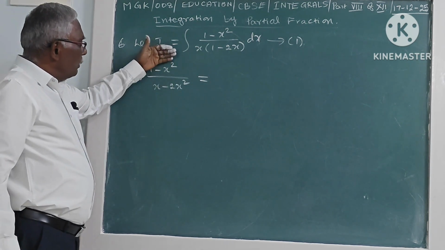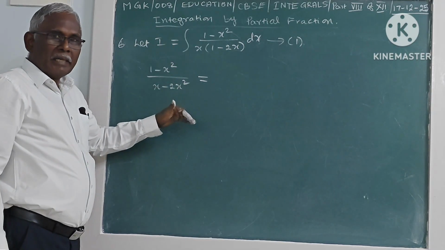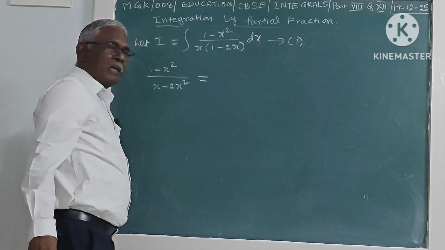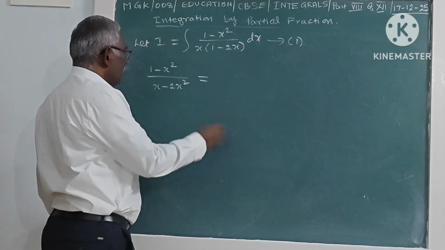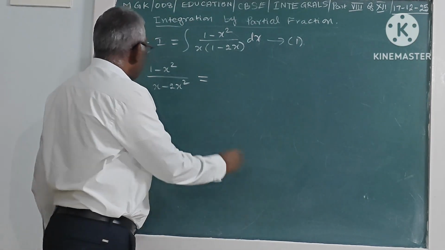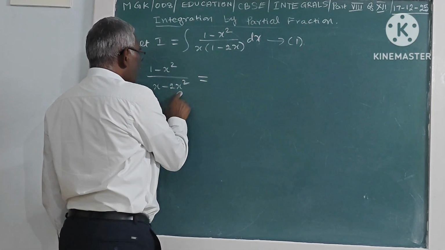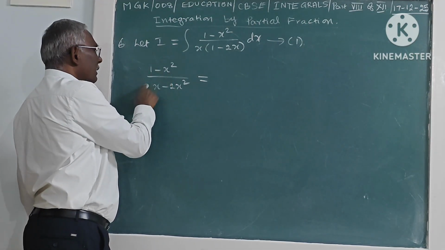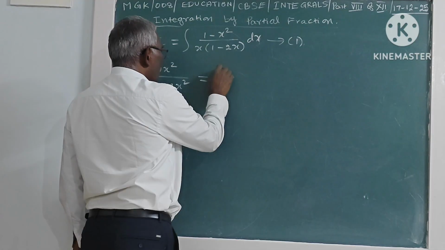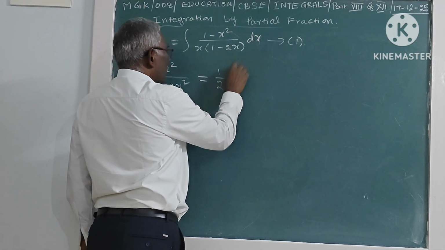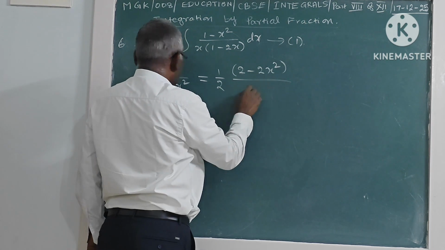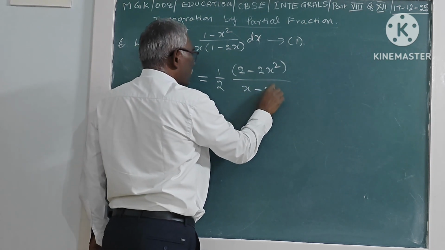When the degree of numerator and the denominator both are same, we can adjust the numerator in such a way that this gets simplified. So minus 2x square is the minus x square. So multiply numerator and denominator by 2. So half times 2 minus 2x square by x minus 2x square.